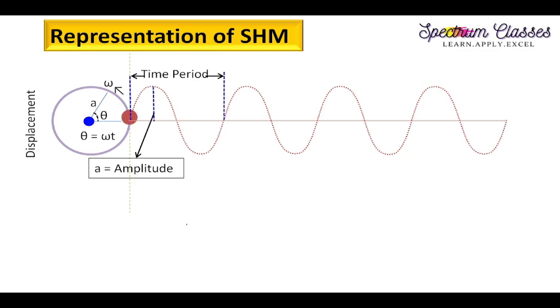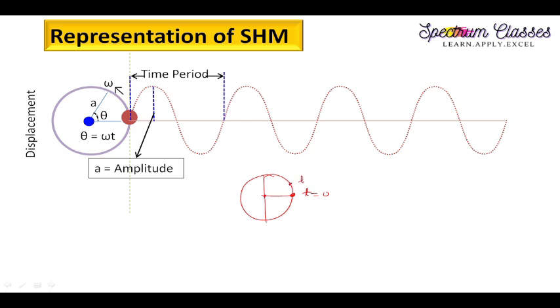Here you can see I have taken a point P. This is the point P, right? This point is moving on this circle, and as this point is moving on the circle, then on the vertical diameter, say at time t equals 0, the projection of this point is here.